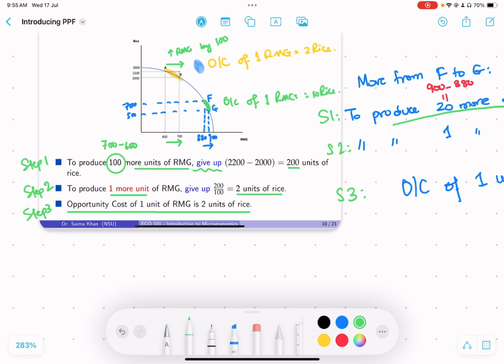So basically we are seeing that the opportunity cost has increased as we produce more RMG. So in the next discussion, essentially, we're going to try and understand this phenomenon. Why is it that as the country decides to shift more of its resources towards RMG production, the opportunity cost goes up and up and up?